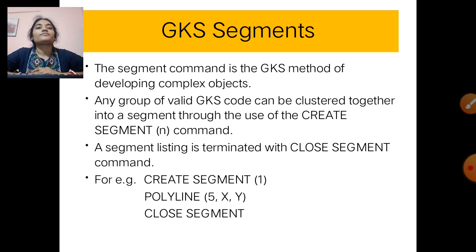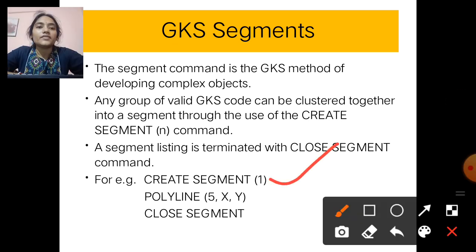But first of all we create the segment, and after all the commands are listed, then we close the segment. So first we write create segment, then polyline. Suppose one command is polyline 5, x, y. 5 is the number of points.